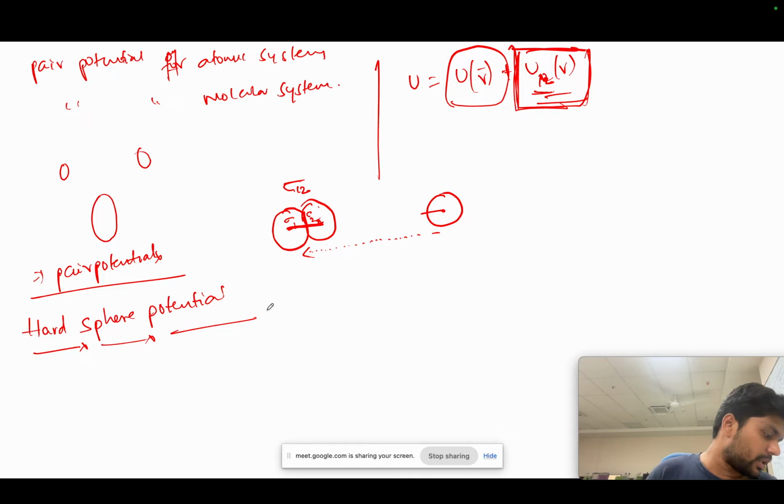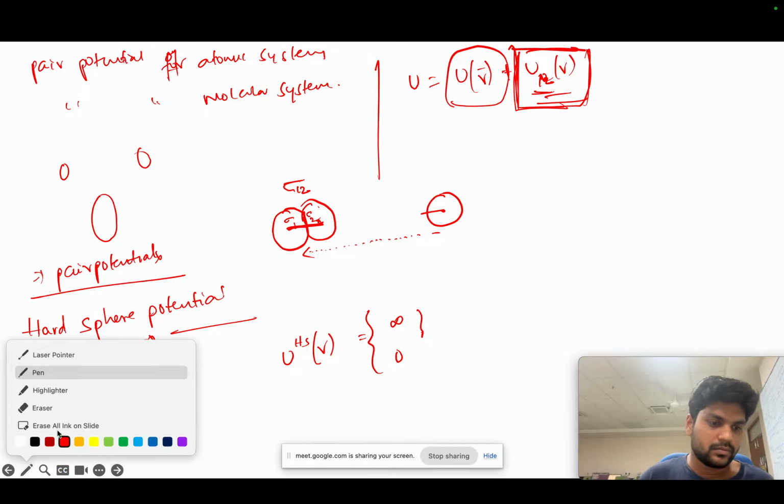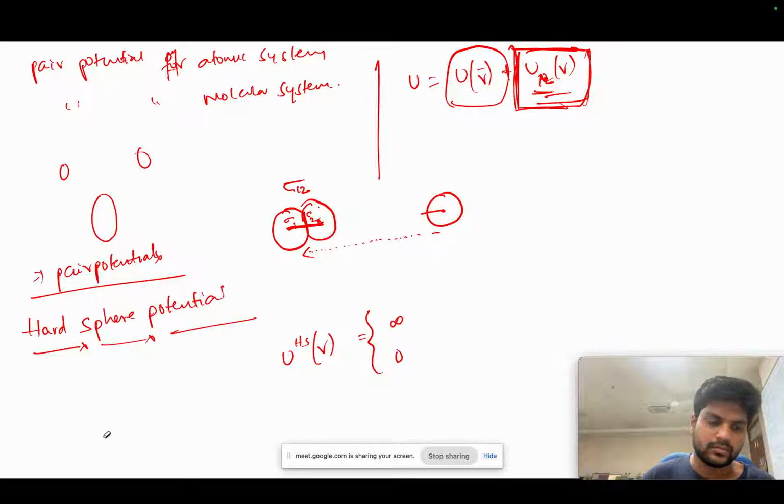And for the hard sphere potential, it was written that U of r equals infinity, comma 0, for r less than sigma and for r greater than or equal to sigma.